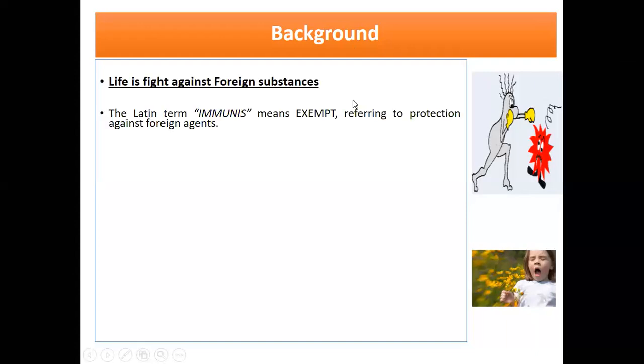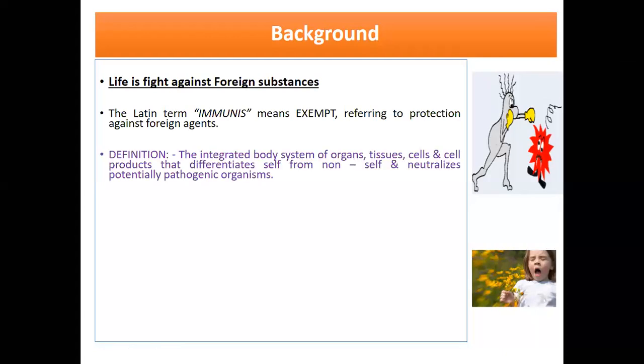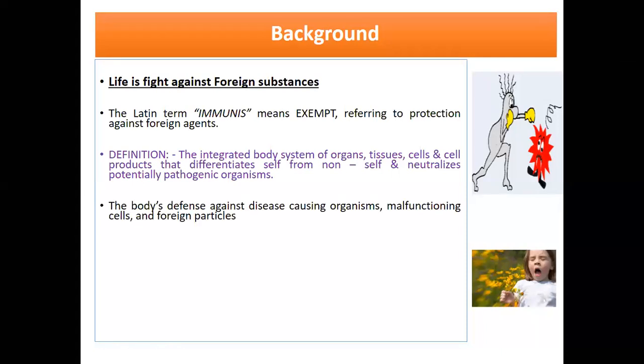As we all are aware, what do we mean by the term immunology, which has been coined from the Latin term meaning exempt. The definition of immunology is that it's an integrated body system of organs, tissues, cells and cell products that differentiate self from non-self and neutralize potentially pathogenic organisms. The body defends against various disease-causing organisms, malfunctioning cells, and foreign particles.